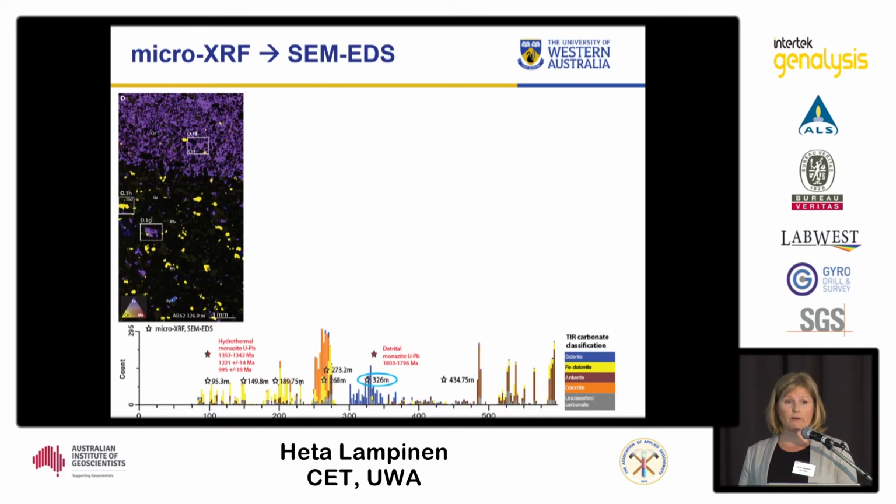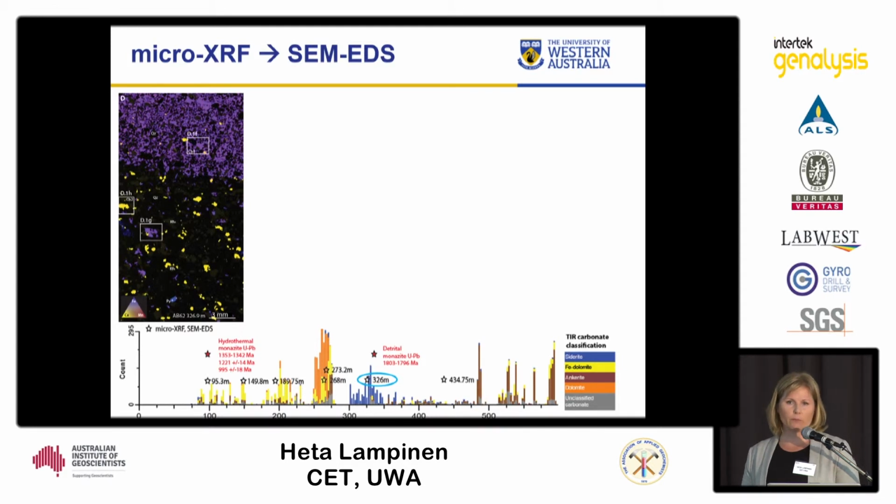The micro-XRF maps were really good at focusing the work, so I could see in one scan what kinds of carbonates and micas I would have, and target them specifically rather than spending ages in SEM, which can be a little bit tedious. So, back to the story. We have the siderites in blue, kind of purplish, and then some less iron-rich carbonate in yellow.